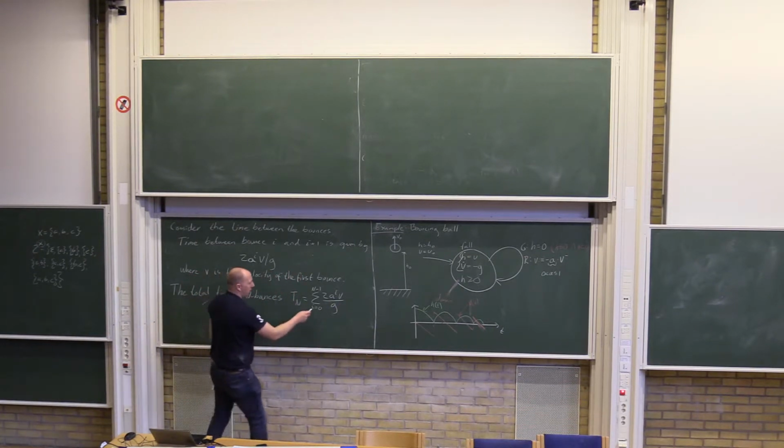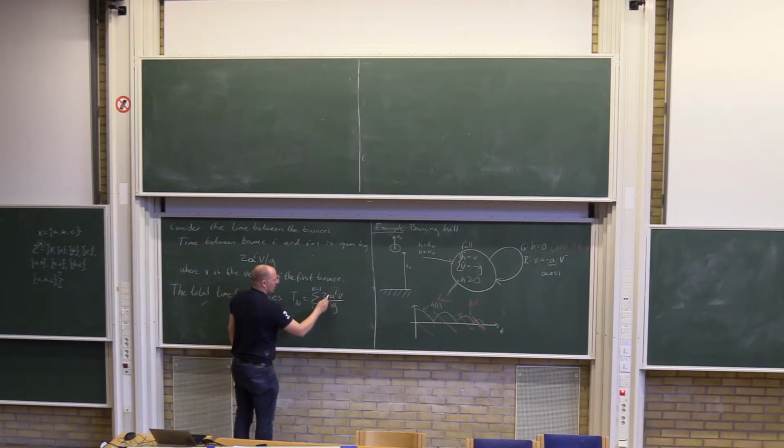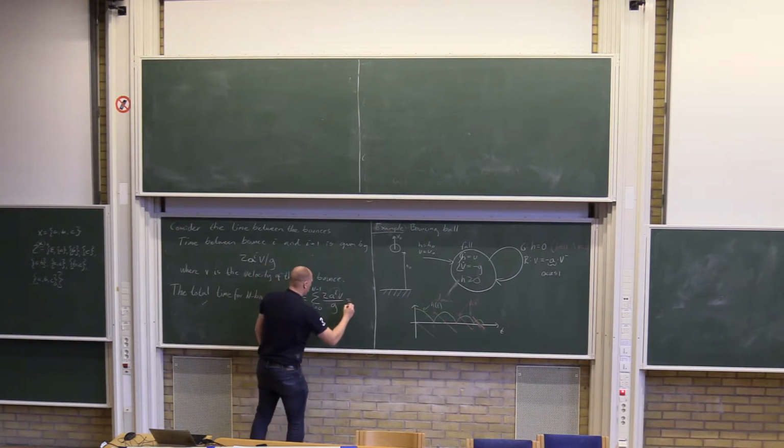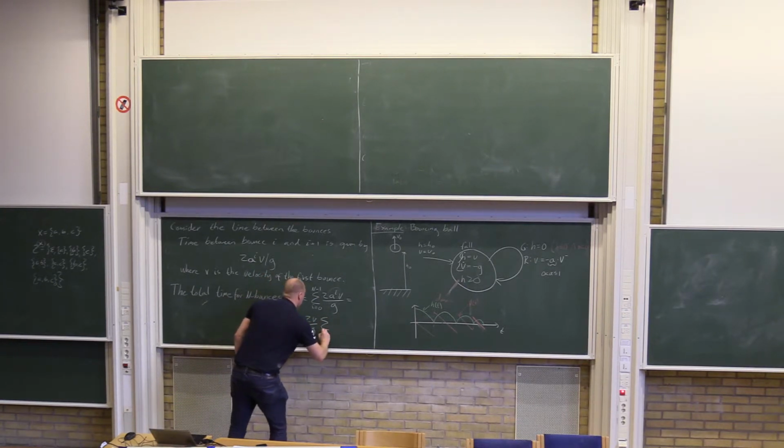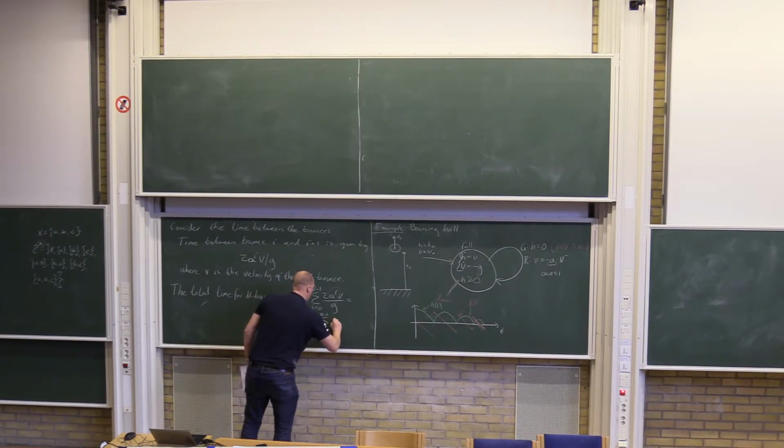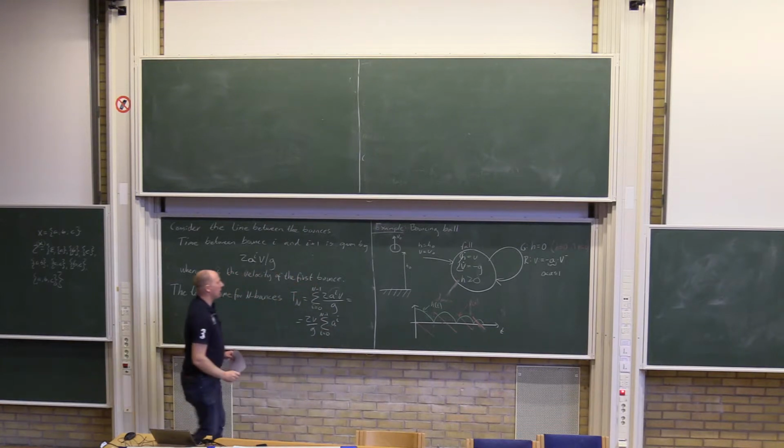The only thing that depends on i is a^i, so v and g can be put before the summation: 2v over g, and then the sum of a^i.